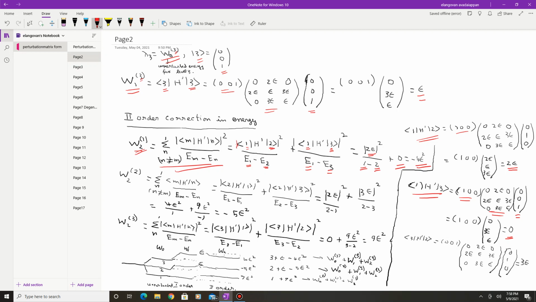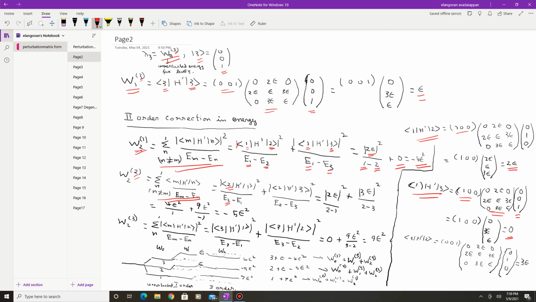Similarly, you can evaluate the second order correction for level 2 also. The same expression is the formula to evaluate the second order correction. Here, since the level we are choosing is 2, m is equal to 2. n must run over the other values except m equal to 2.